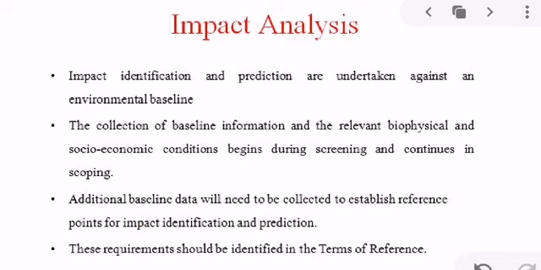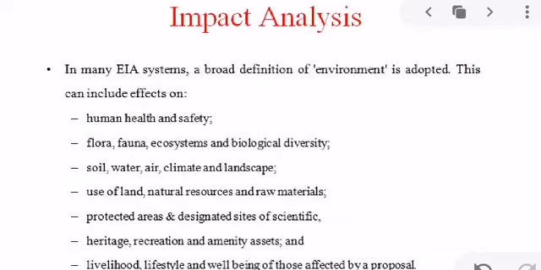This trend has been driven partly by public involvement in the EIA process. It is reflected by the evolving definition of the term environment in EIA legislation, guidance and practice. So in many EIA systems, a broad definition of environment is adopted.